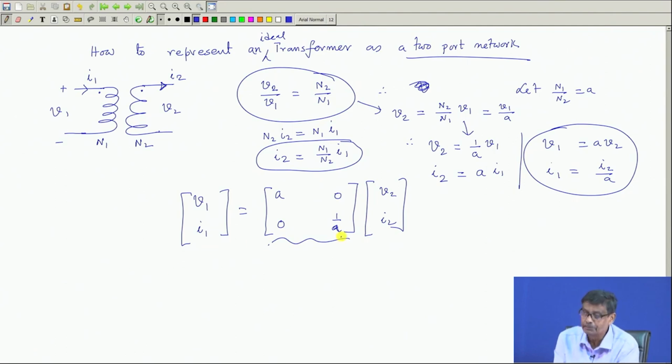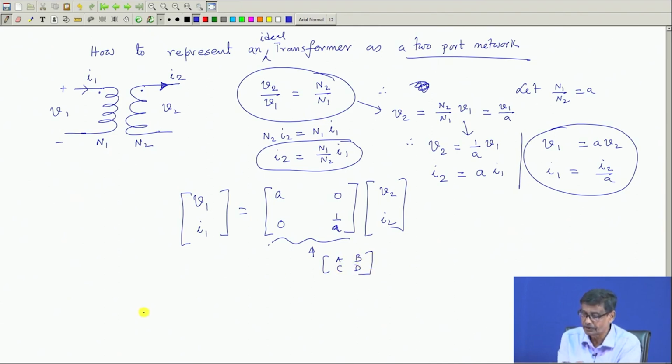It is ABCD parameters, because I have assumed I2 like this, and input voltage and current is represented in terms of this. So this can be termed as the ABCD parameters of the network. This is nothing but the ABCD parameter of the transformer.